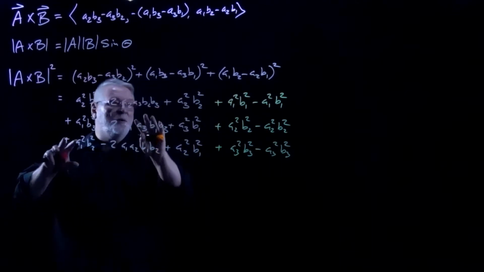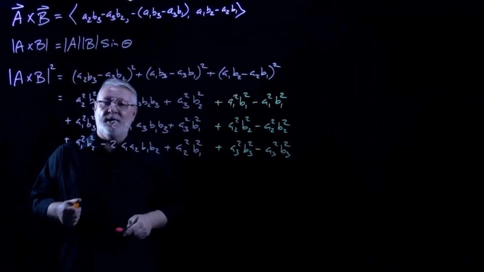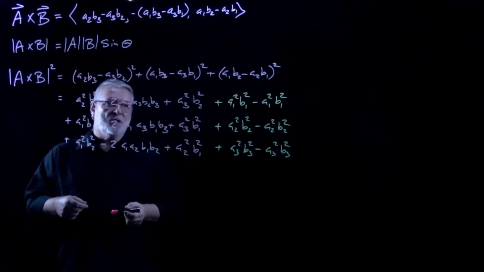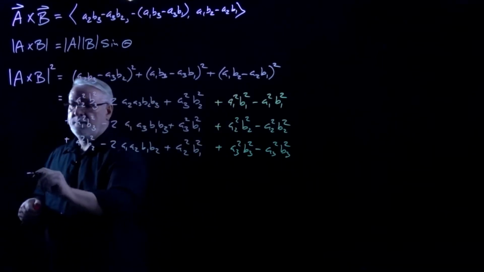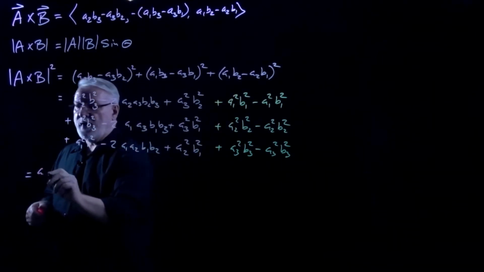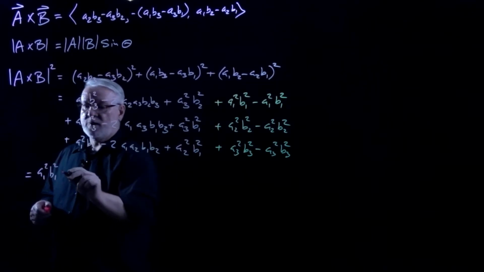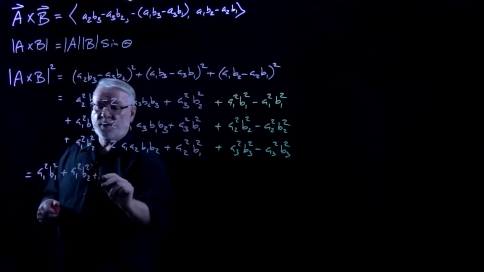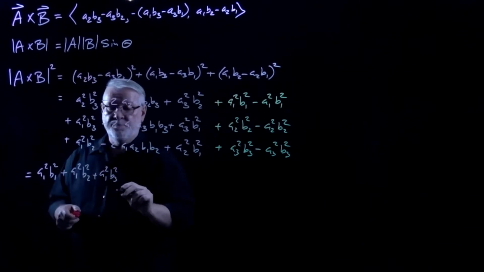Okay, so far we have set up all the algebra we need in order to pull out what our answer is. I'm just going to reorganize things a little bit. So let's begin here. The next line's going to be A1 squared B1 squared plus A1 squared B2 squared plus A1 squared B3 squared.